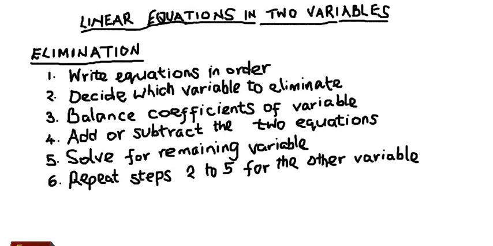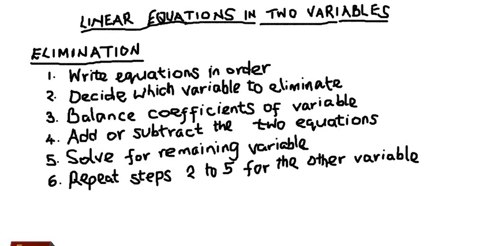For example, if you are given two equations that have the variables x and y, we rearrange them in such a way that in the first equation, if we are starting with the variable x followed by variable y and then the equal sign and the constant, we ensure that even in the second equation we start with the variable x followed by the variable y and then the equal sign and the constant.